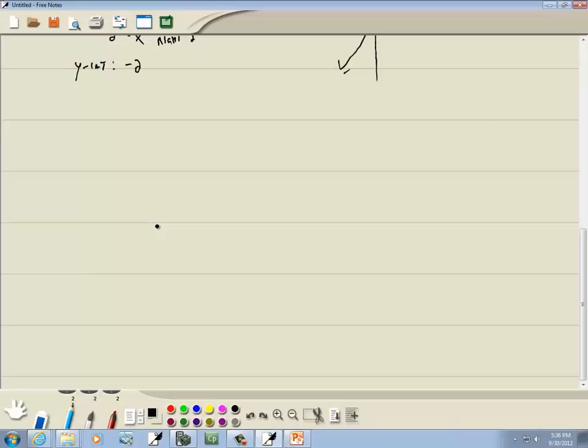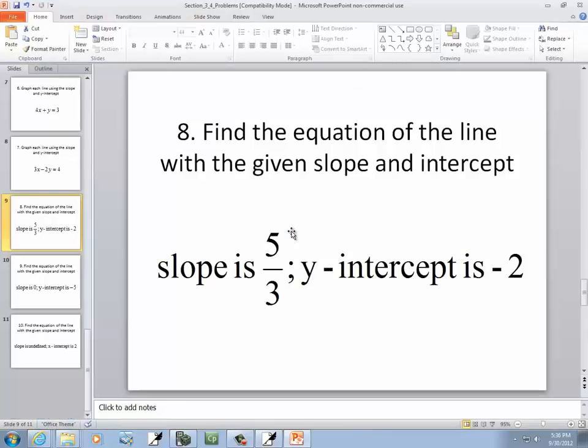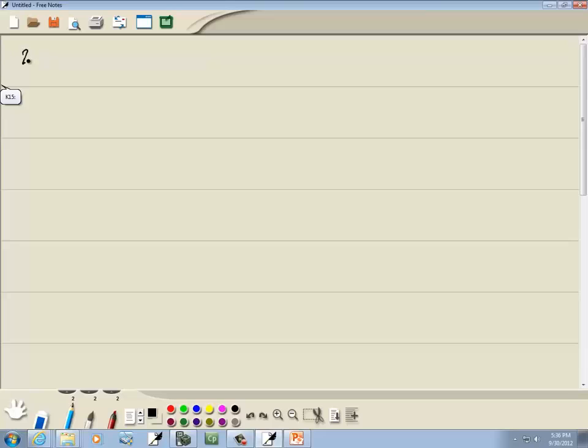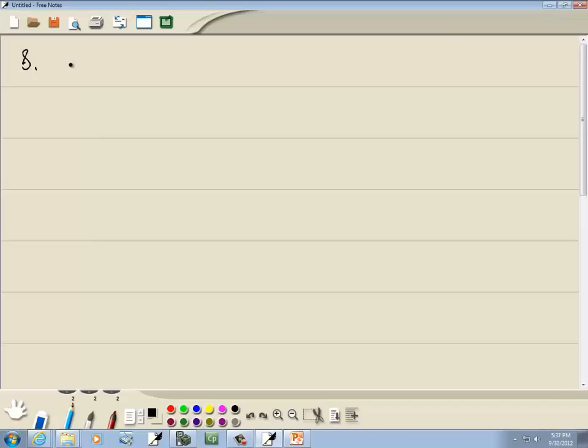Now this next one is steps. So let me start a new page so I can write these steps out. It says find equation in line with the given slope and y-intercept. So slope is 5/3 and y-intercept is -2.